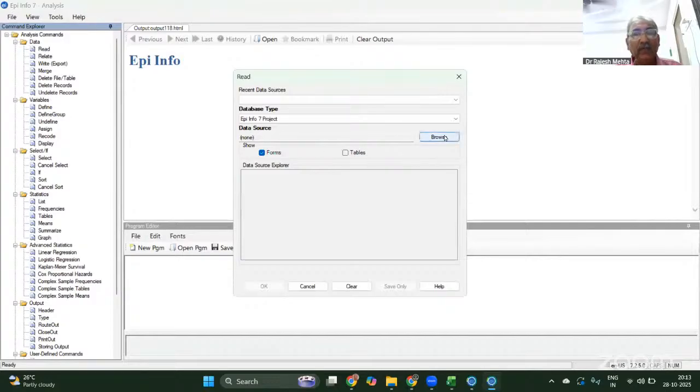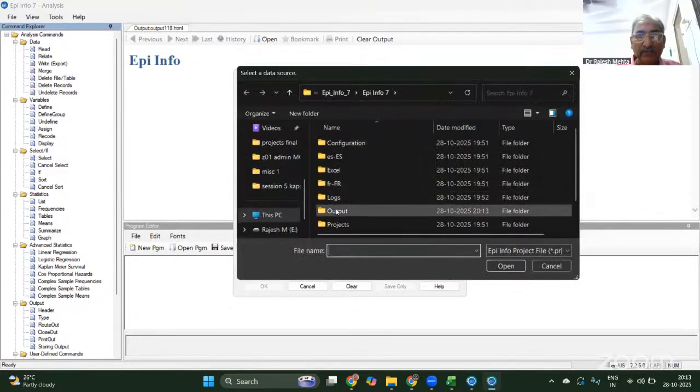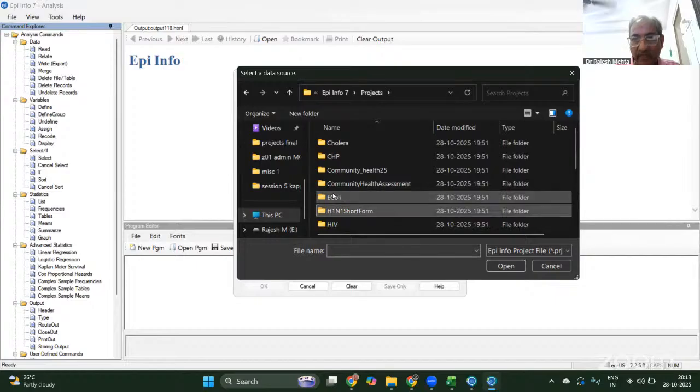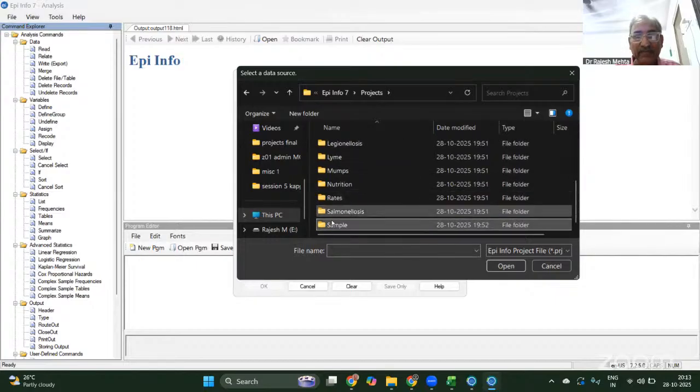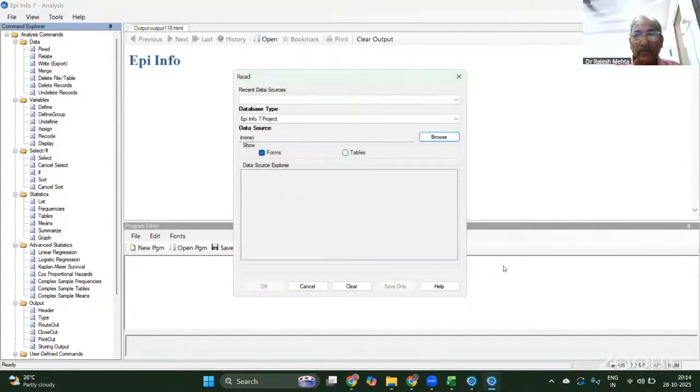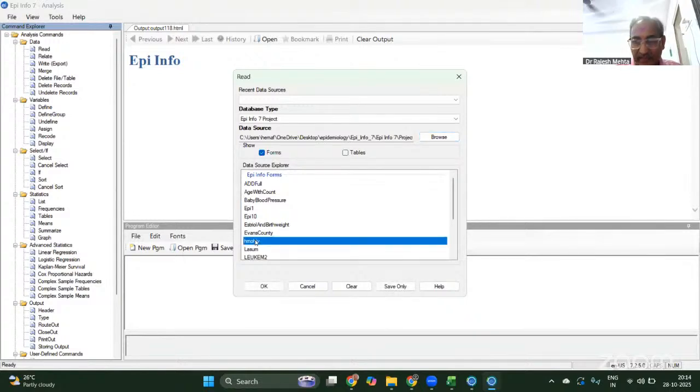Here, we are going to learn how to read an Excel file. For simplicity, right now I am just going to tell you how to get the 2 by 2 table. So we go to projects, then the sample database. You will be selecting a database, and from that, you will be selecting a table.